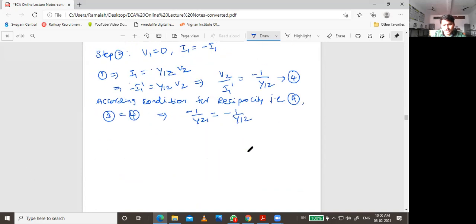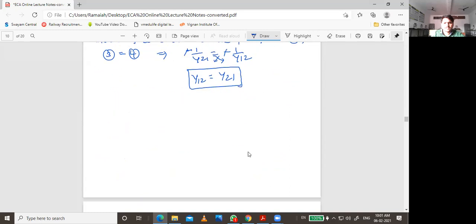The minus signs cancel, then cross multiplication: Y12 equal to Y21. So this is the condition for reciprocity in Y parameters.